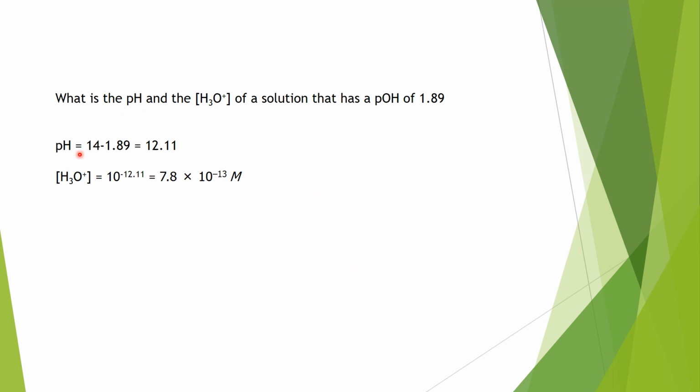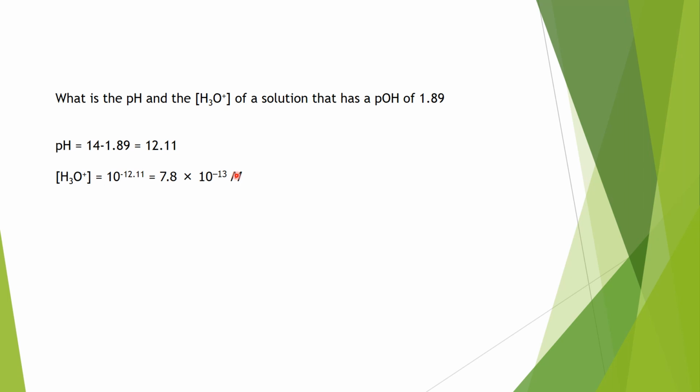So pH is equal to 14 minus 1.89, 12.11, and then the H3O concentration is 10 to the minus 12.11, which is this. So if you go back and look at the circle that I showed you, you can use that to figure out what you want. There's more than one way to do these problems.